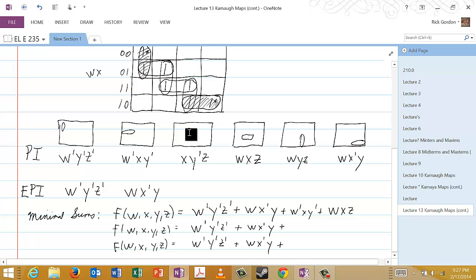So this vertical one is X, Y prime, Z. And the horizontal one here is WXZ.